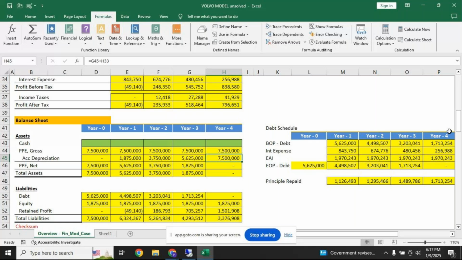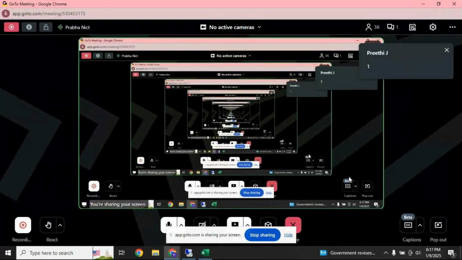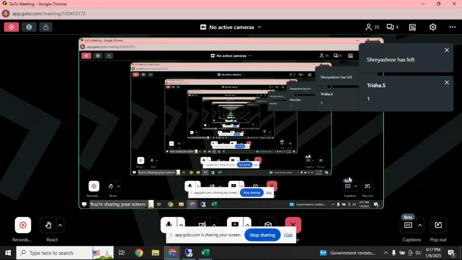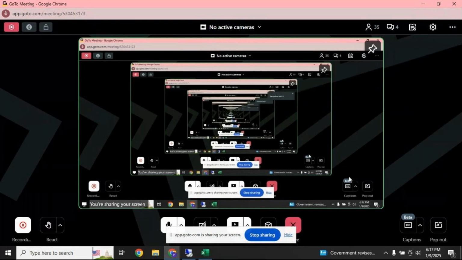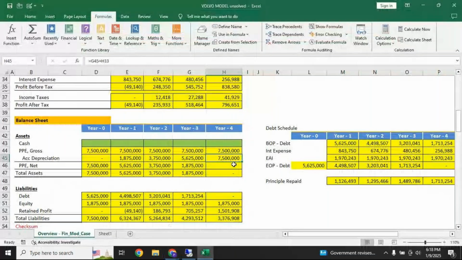Any doubts? Type in 1 if there are no doubts. Income statement, debt schedule, and balance sheet. Okay, fine. So let's continue with the cash flow statement.